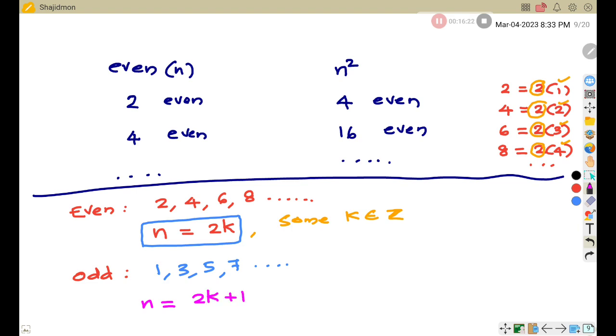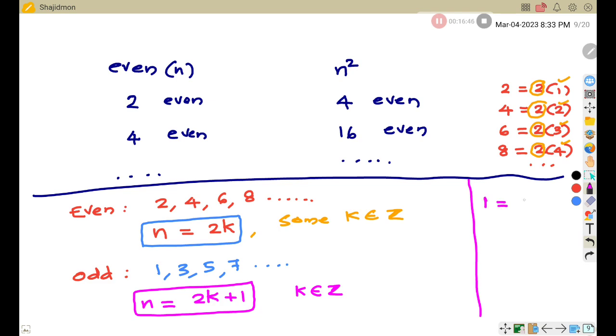Okay, 2k plus 1 form. Generally I am writing n equal to 2k plus 1 or 2k minus 1 also, where k belongs to Z, an integer number. So for an odd number, for some k belongs to Z, n equal to 2k plus 1 form.